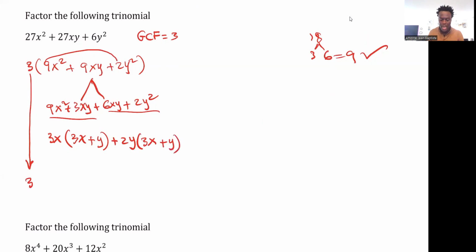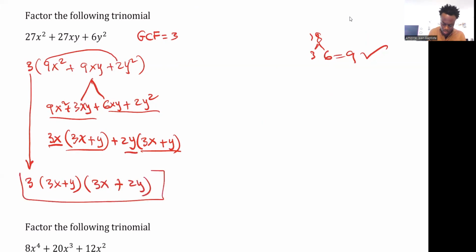And look at how these two are the same, so we can factor them out. The 3 is already there for us. So that's 3, and then 3x plus y. Then factor the 3x in front of the first group plus the 2y in front of the second group. So this is your answer for that.